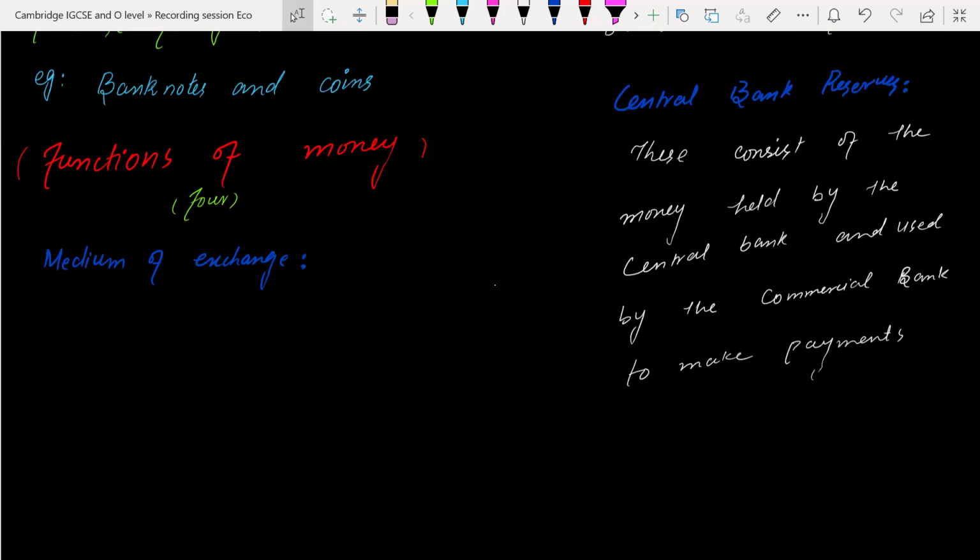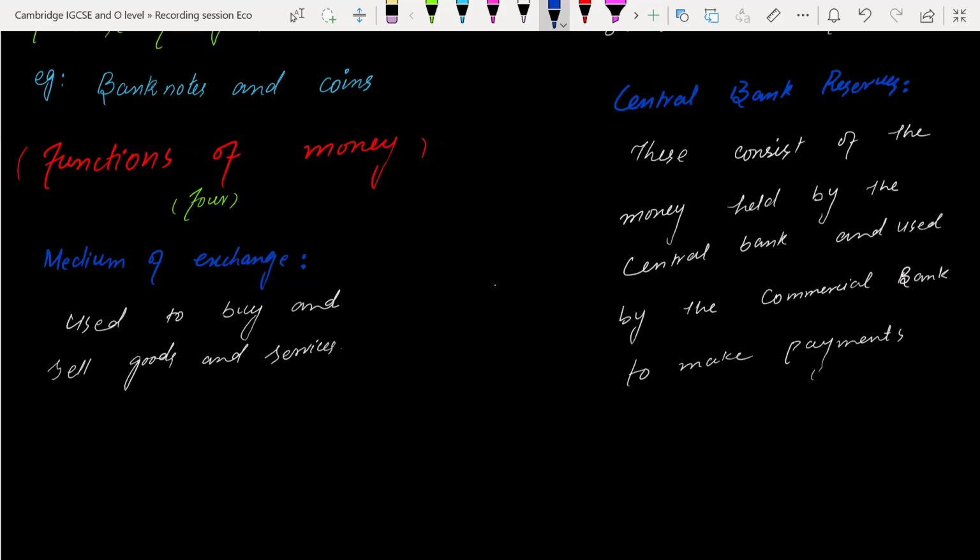If I write it in easier wording, medium of exchange we can explain like this: used to buy and sell goods and services.